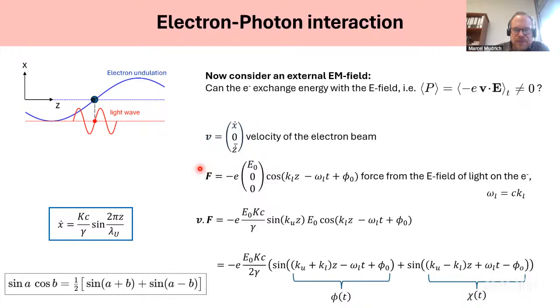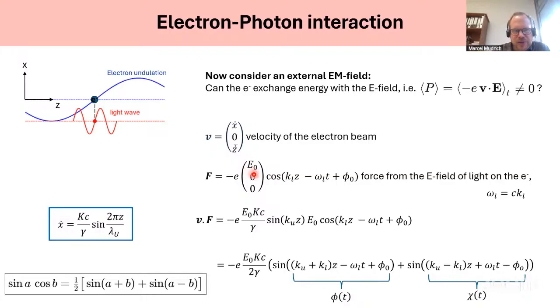To calculate that, we know that the electrons move in the transverse direction to their propagation, so that's the x dot, and they have a mean velocity along z. So that's the velocity vector of the electrons. The electric field travels in the same direction as the electrons, but the polarization, the electric field, points transverse to their propagation direction.